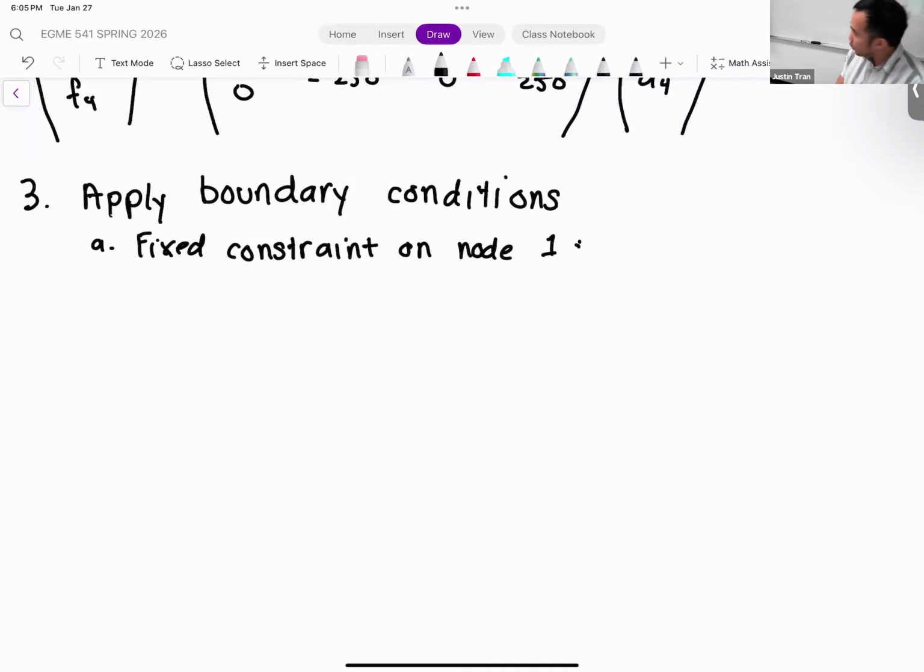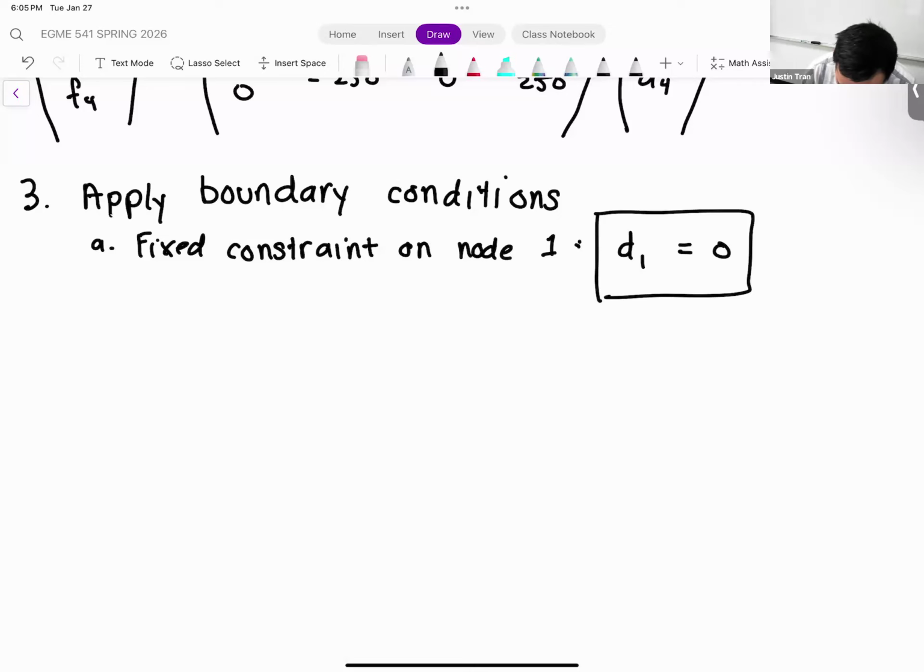Because node 1 is fixed to the wall, it is impossible for node 1 to move. So we can basically state from the beginning that D1 is equal to 0. So no displacement on node 1.